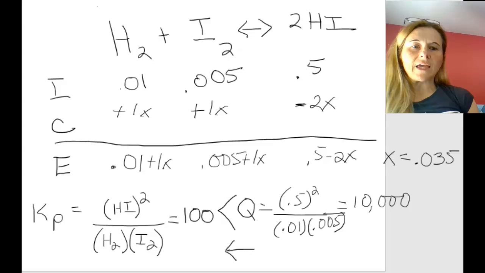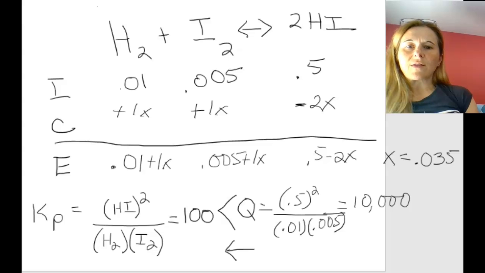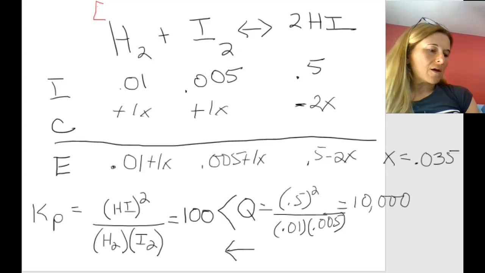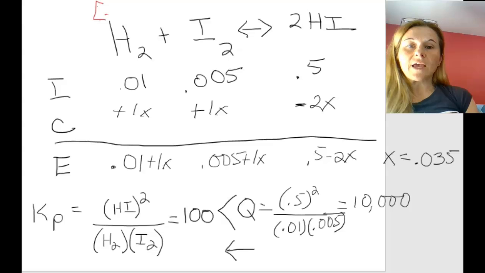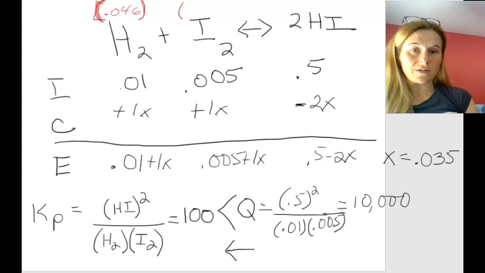And then we're going to take x and put it back into these to come up with our final values. I'm going to write that up here because I've kind of run out of room. And so we see at equilibrium, the pressure of hydrogen gas is going to be 0.046. Whoops, I have to change this to parentheses because it is not concentration, it is pressure.